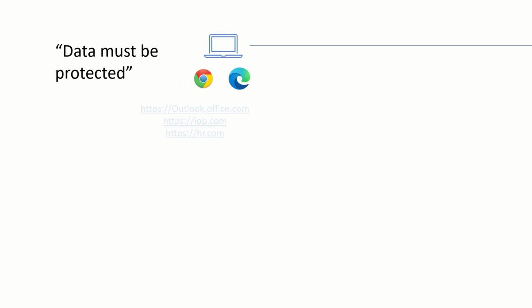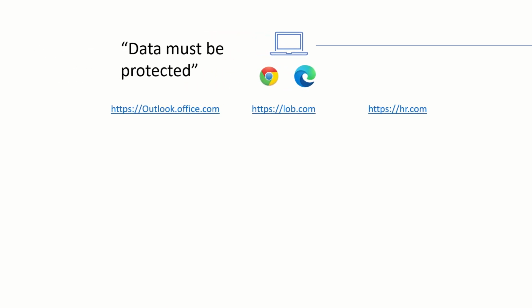But how is MCAS, a cloud app security solution, helping you to add more security to these kinds of use cases? With MCAS, I can have session controls in place wherein I can define three different kinds of behavior for three different applications altogether.